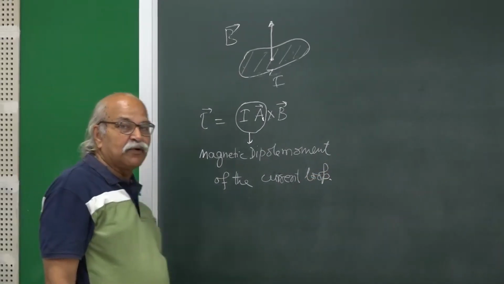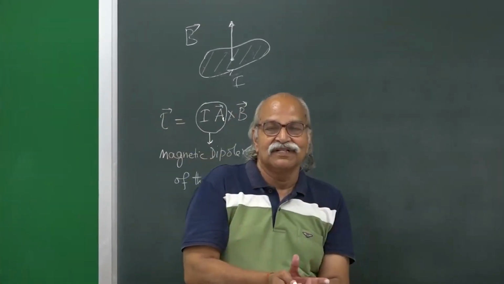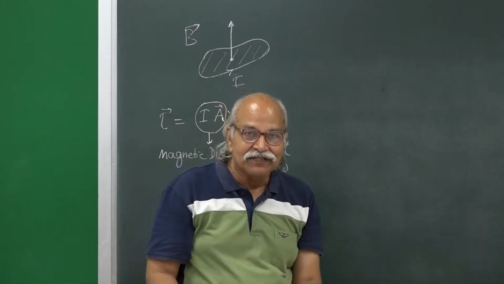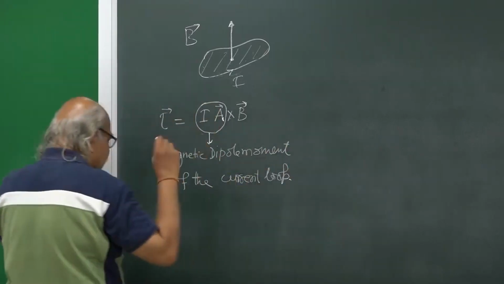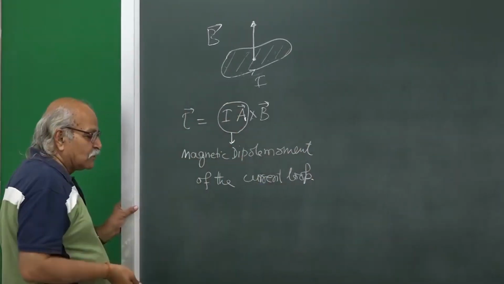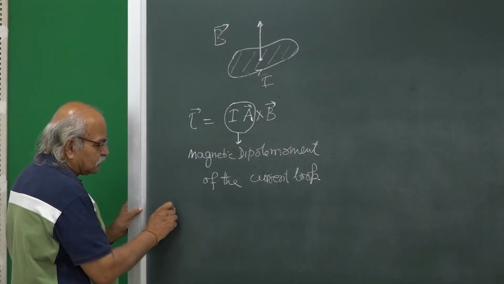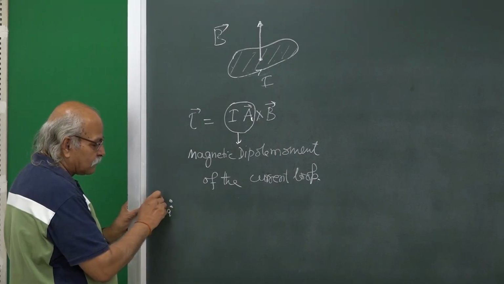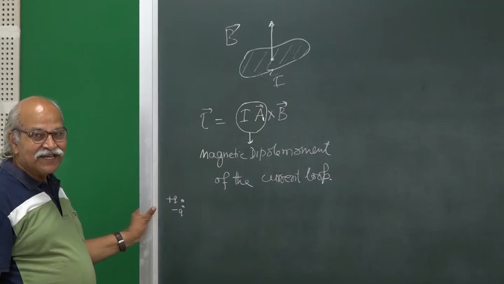Remember electric dipole moment, if you have some charge distribution, then we define electric dipole moment. We had done it in our electrostatics course, but essentially a very simple dipole can be thought of if you have two charges plus q and minus q close by. What is close by?